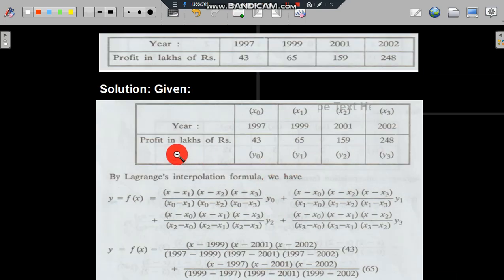For 1997 the profit is 43, for 1999 it is 65, for 2001 it is 159, and for 2002 the profit is 248. If this is the case, then in 2000 how much profit?